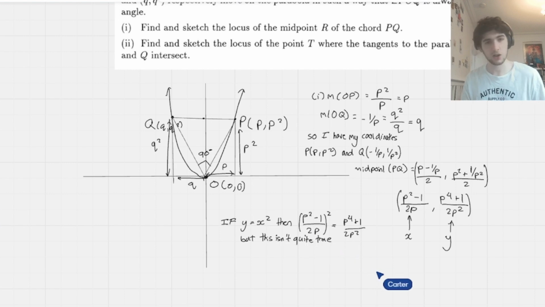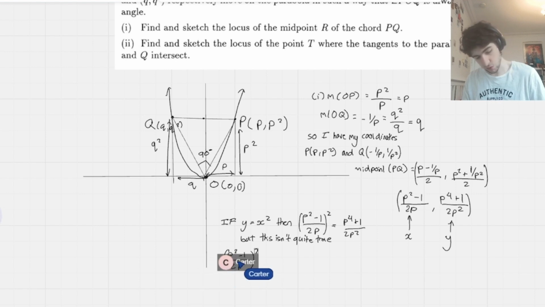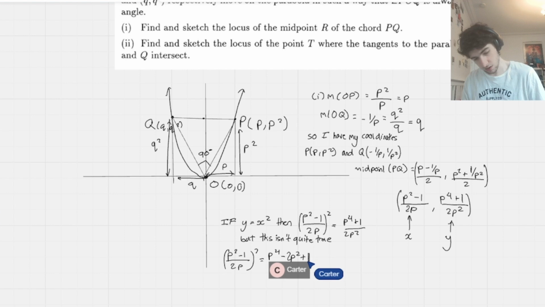So what actually is this thing on the left-hand side evaluated, right? Well, it's p squared minus 1 over 2p all squared. So this just gives me p to the 4 minus 2p squared plus 1, divided by 4p squared.